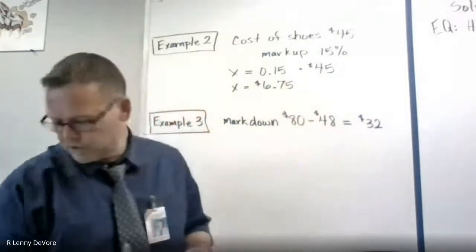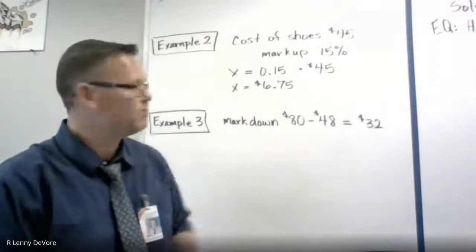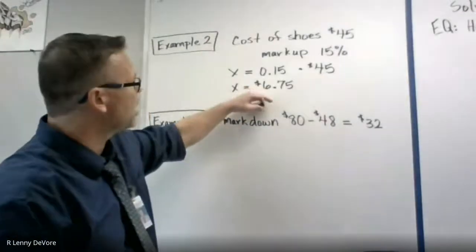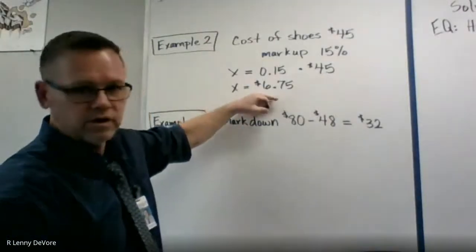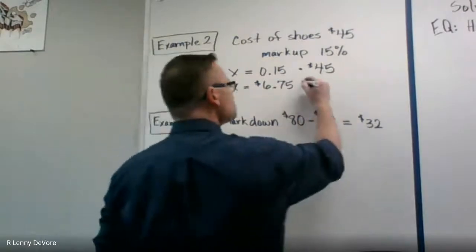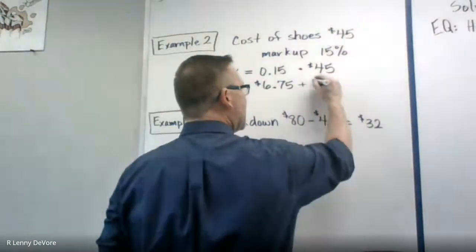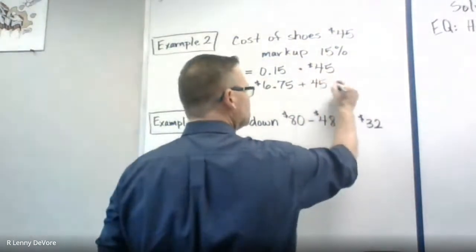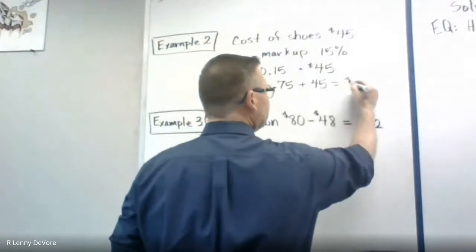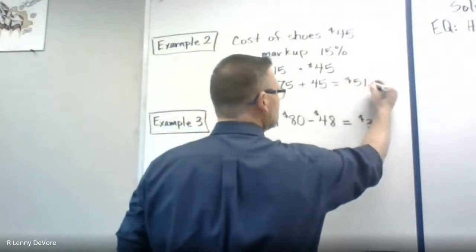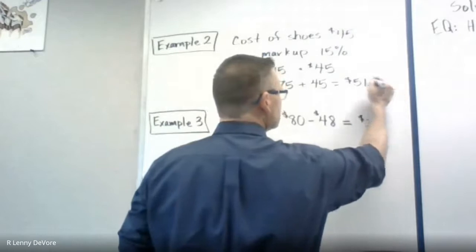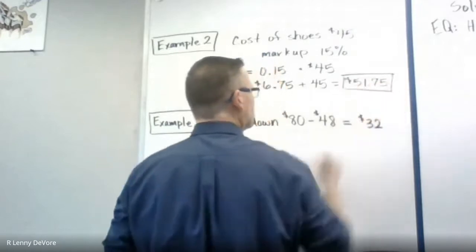Okay, remember, we're dealing with money here, so it's $6.75. However, this problem is not over because they actually want to know the total cost. So you actually have to go through and add that to the $45, and it's going to equal $51.75. So that's your answer, okay?